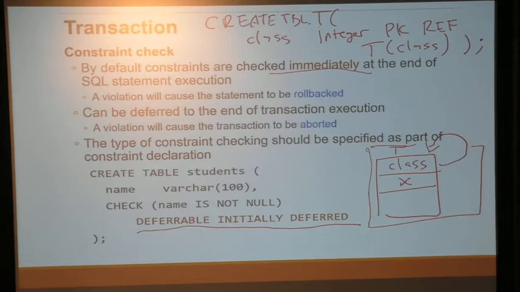This consists of two keywords. One is deferrable, which means you can defer the check to the end of the transaction, but you need to have initially deferred as well, because initially deferred means the first operation is already deferred. You can also have the first operation be immediate.